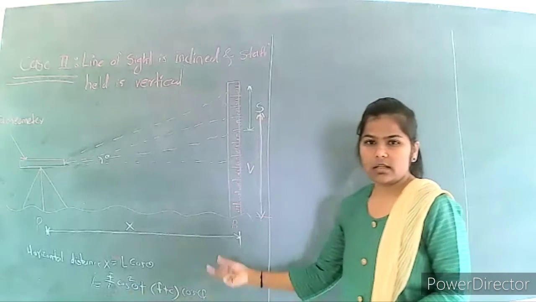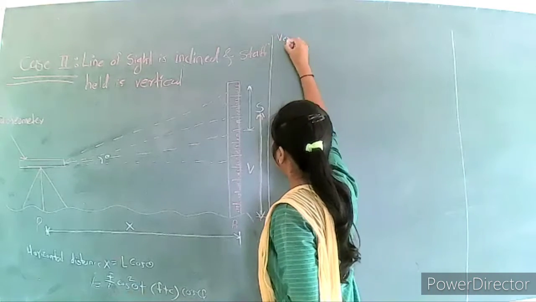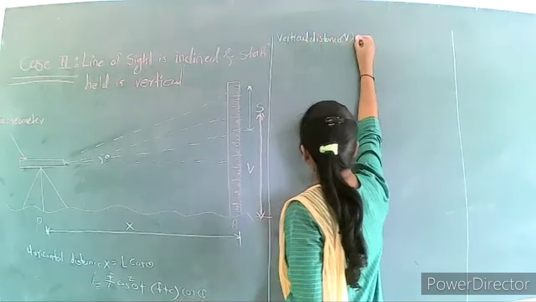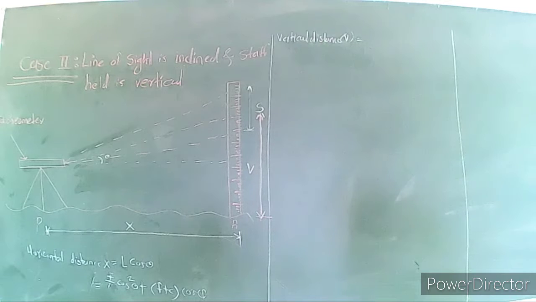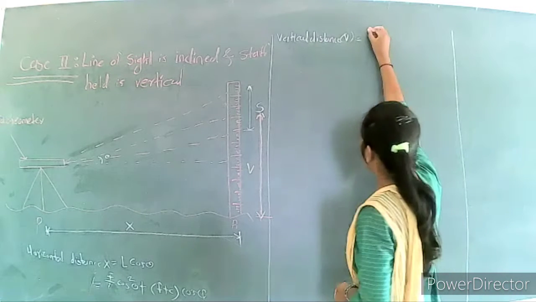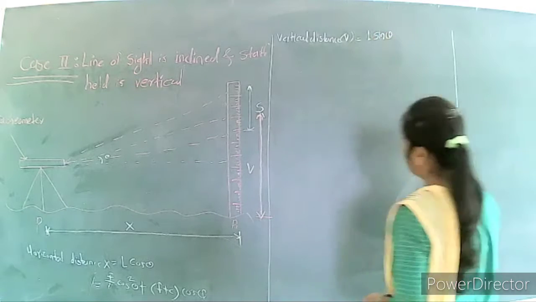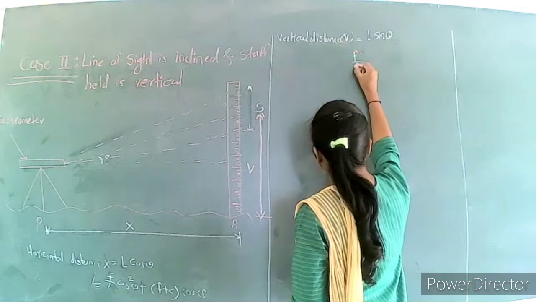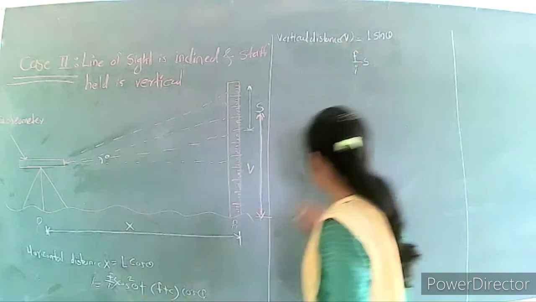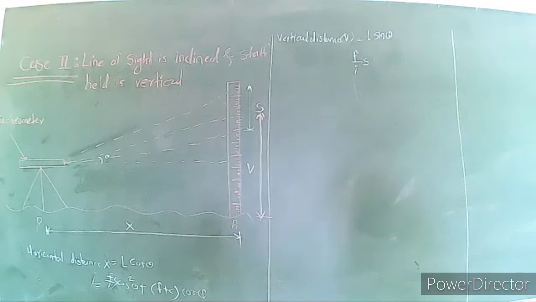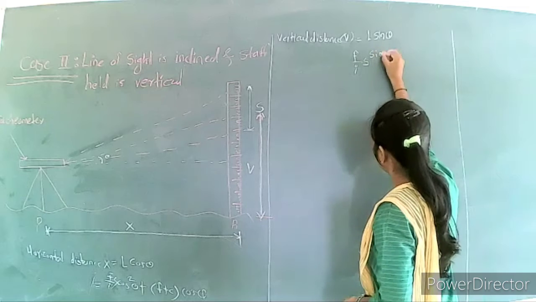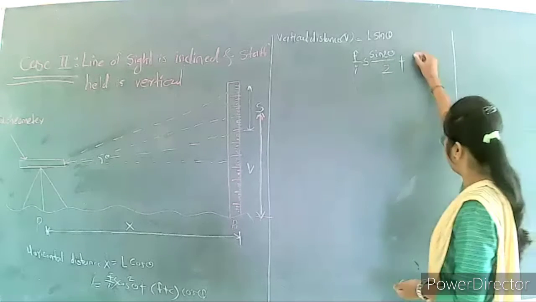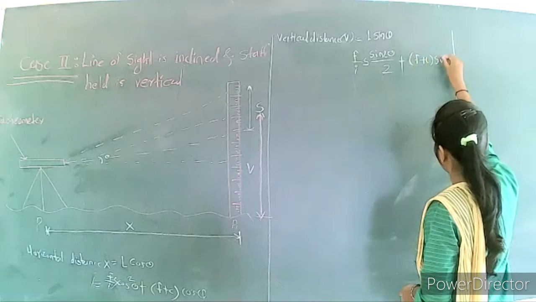After calculating the horizontal distance, now we calculate the vertical distance, that is capital V. Vertical distance, capital V, we can calculate by using the formula f/i into S into sin 2 theta divided by 2 plus (f plus d) sin theta.